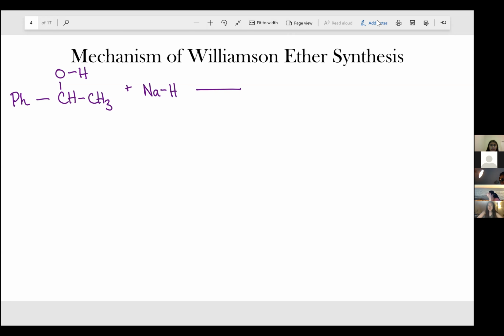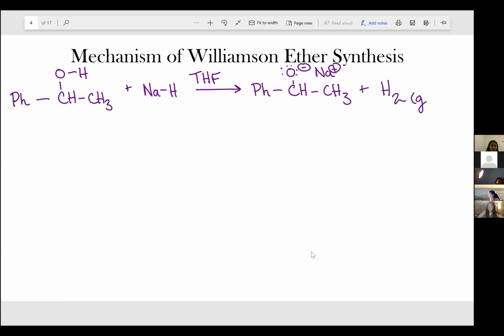And then for our solvent. And our product is going to be this. Ph. Then we're going to get this alkoxide right there.